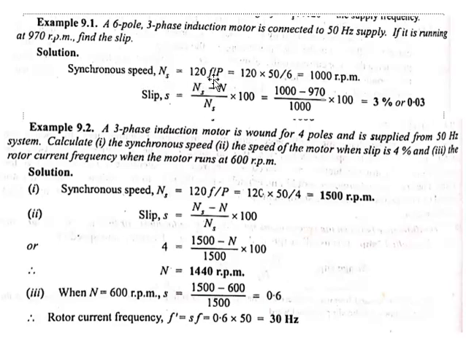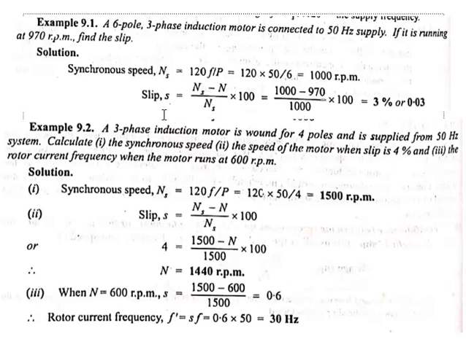Ns is equal to 120 F divided by P, 120 into 50 divided by 6. It will come as 1000 RPM. So synchronous speed is 1000 RPM, and rotor speed, or motor speed, anything is fine, is 970.